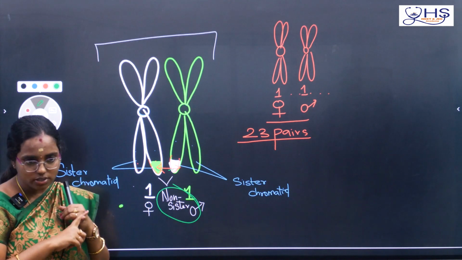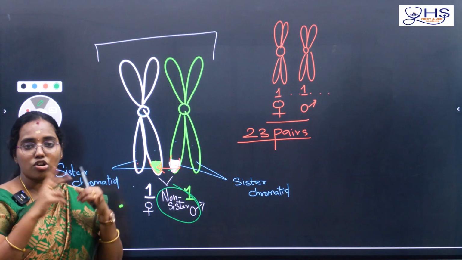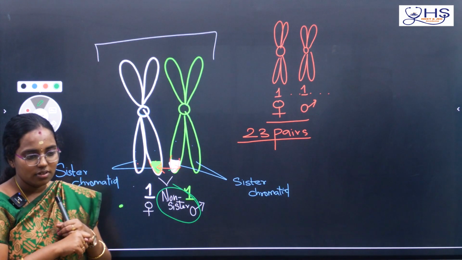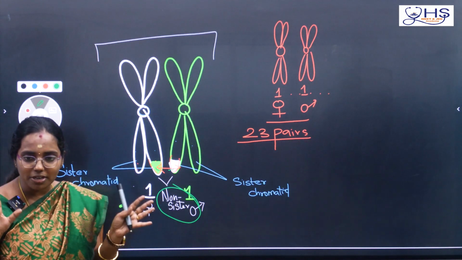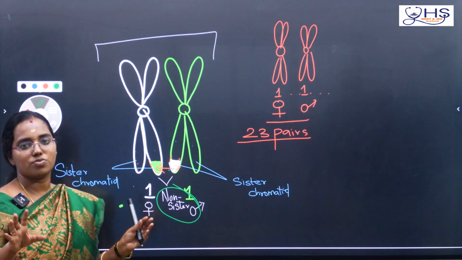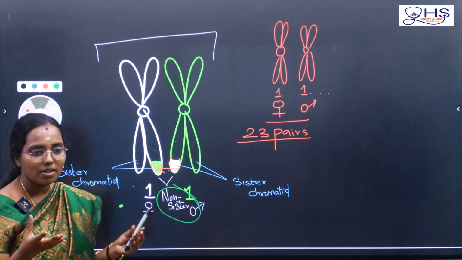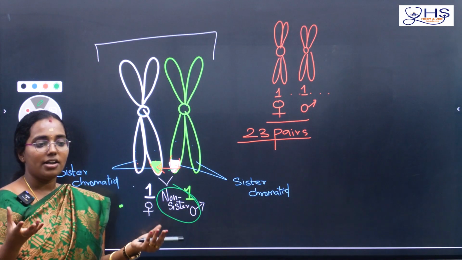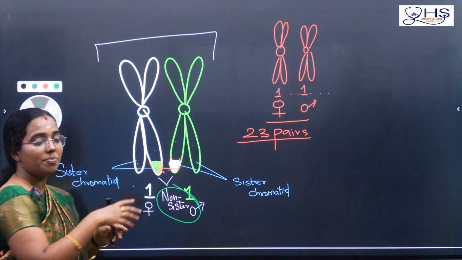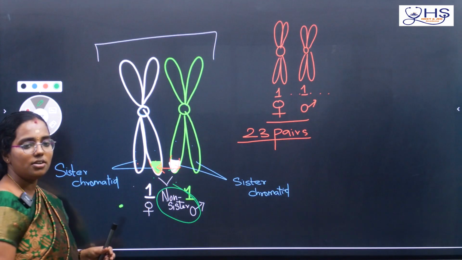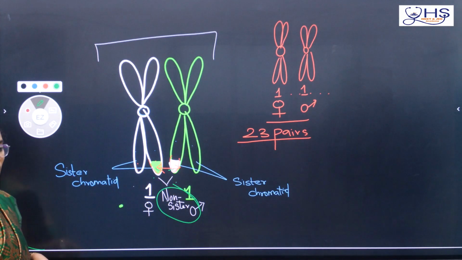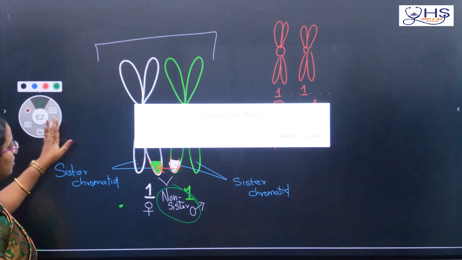One is homologous chromosome. Crossing over will 100% occur between homologous chromosomes. What is the meaning of homologous chromosome? Pair. And between the non-sister chromatids.